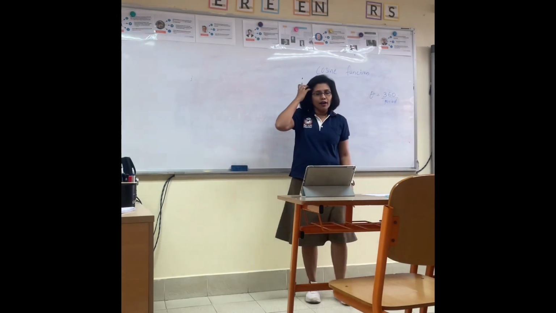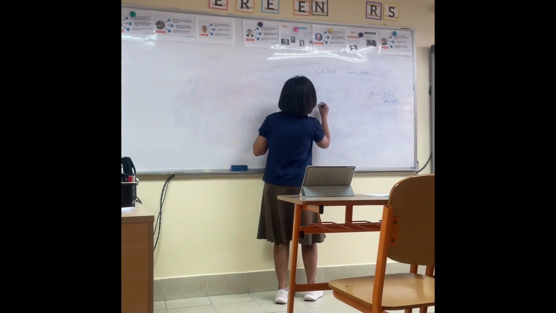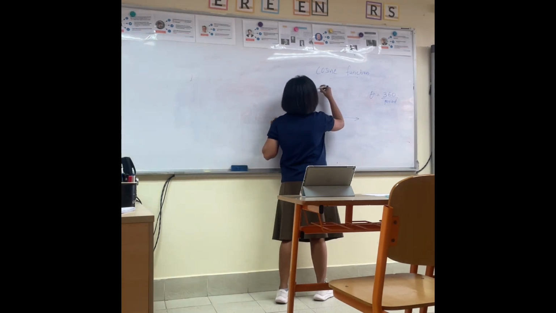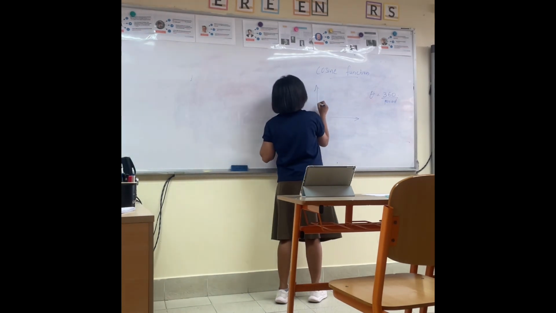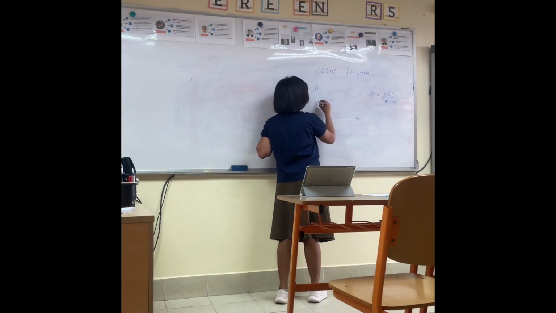Okay. Next one, cosine graph. This is the basic one, the general graph representation. What is cos 0? 1.